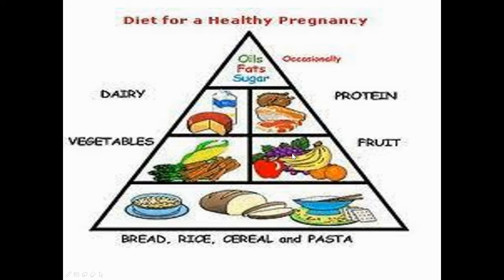Third, a small, lesser amount of dairy products, which contain some amount of proteins. And they should occasionally take oils, fats and sugars. In this way they should follow their diet in case of healthy pregnancy.